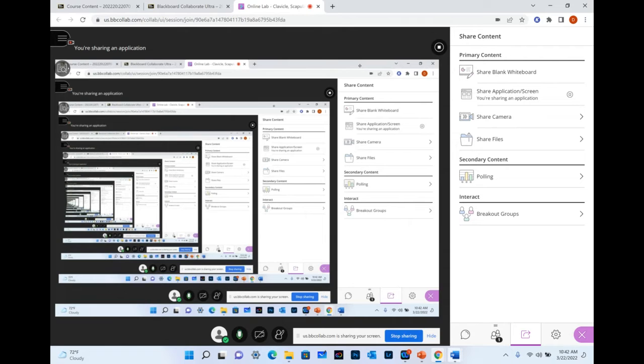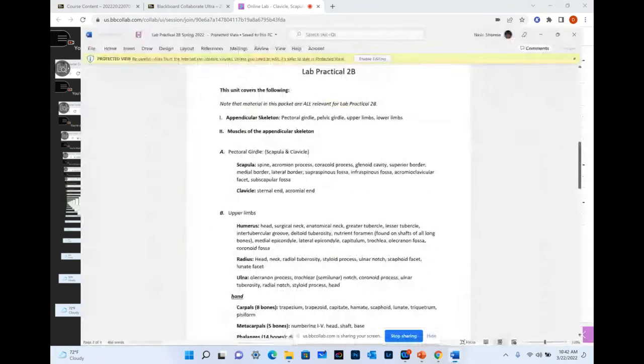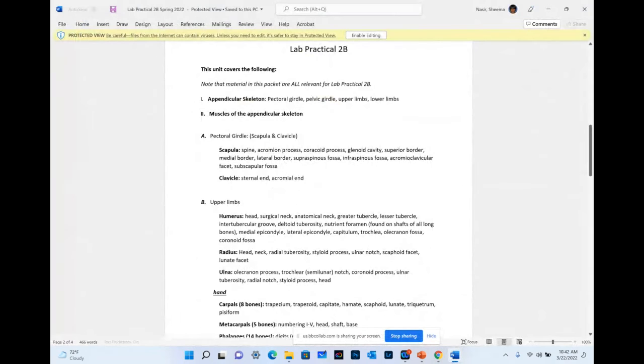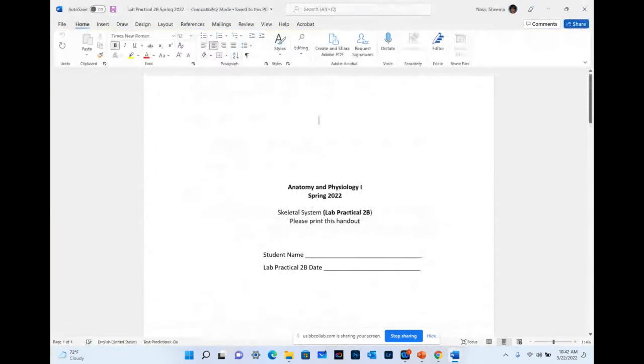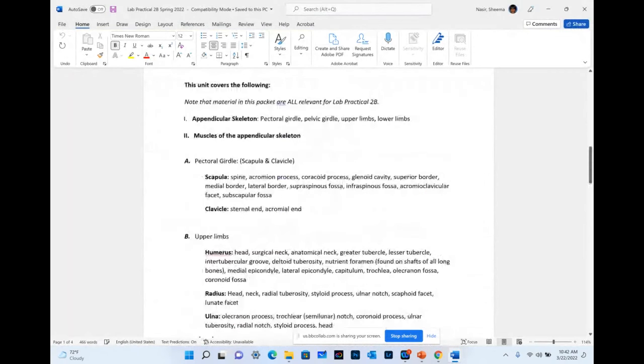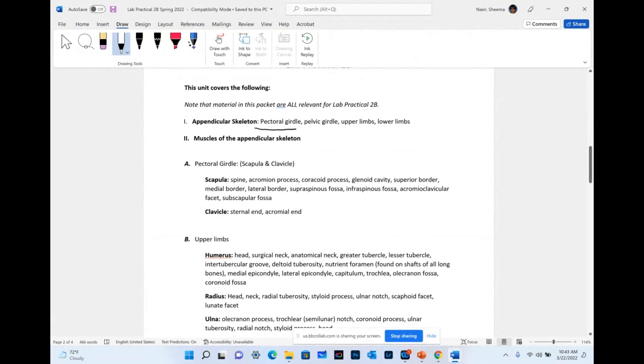Let me take you to your lab handout. So in the lab handout, you can see right here, pectoral girdle and upper limb. This is what we are going to do today.